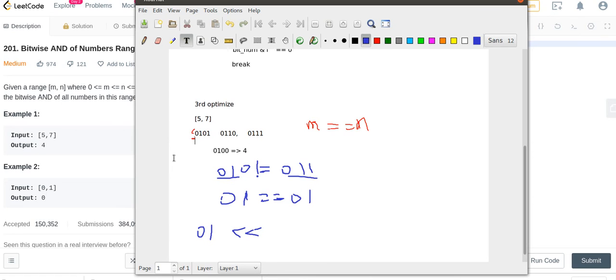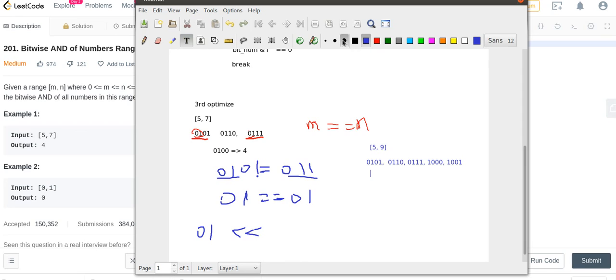If this example is not obvious, we can use another example. For example, 6 and 9 here. If we take 6 to 9, we get the numbers 0 1 1 0, 0 1 1 1, 1 0 0 0, and 1 0 0 1, right?